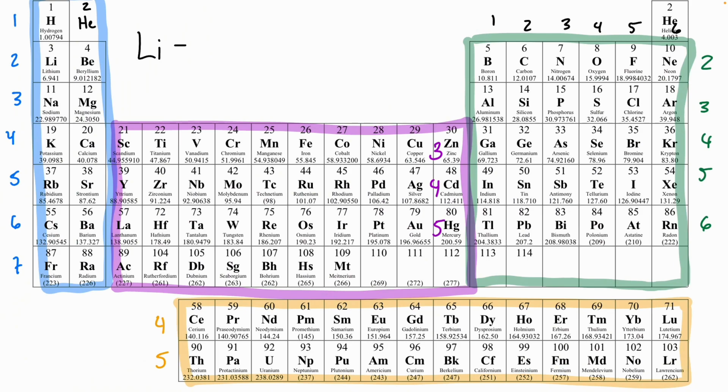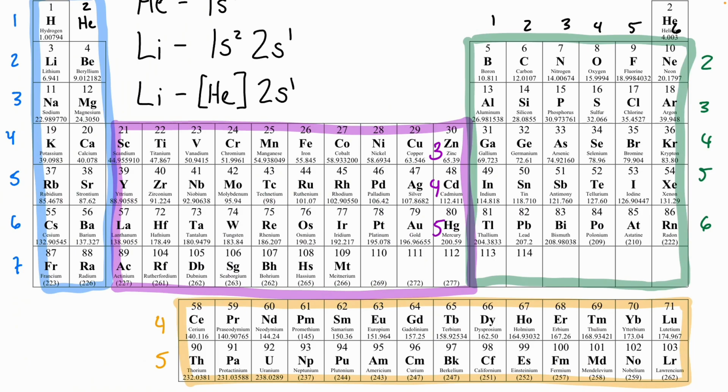All right, the full electron configuration for lithium is 1s2, 2s1, but helium is 1s2, so I can abbreviate lithium using helium's electron configuration plus that additional 2s electron. In this case, it didn't really save you very much writing, right? But when we get to one of our larger elements, it's going to be very convenient to use this noble gas abbreviation.